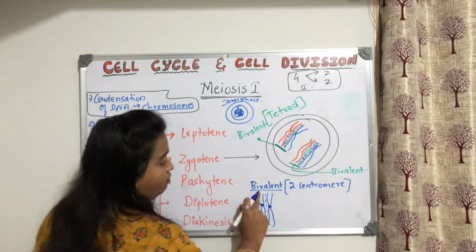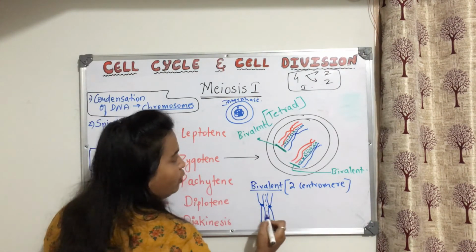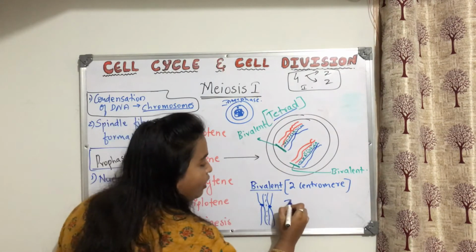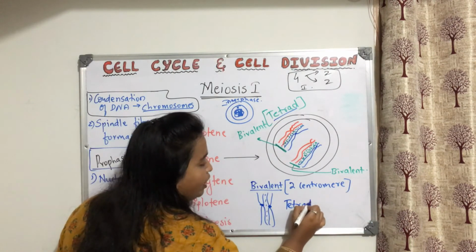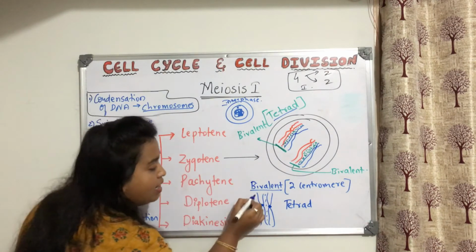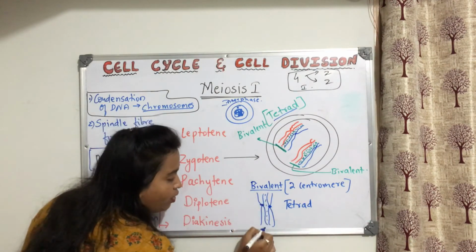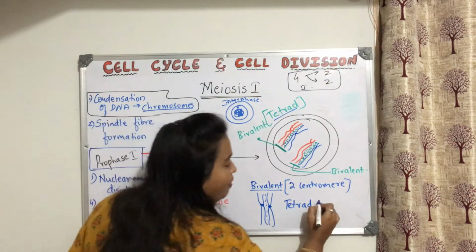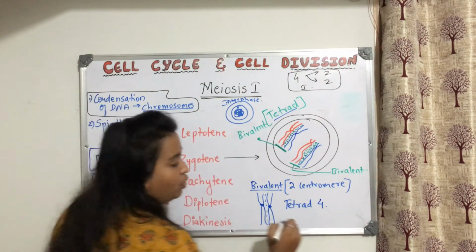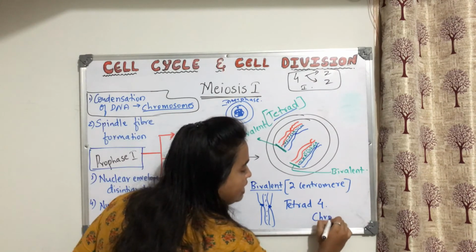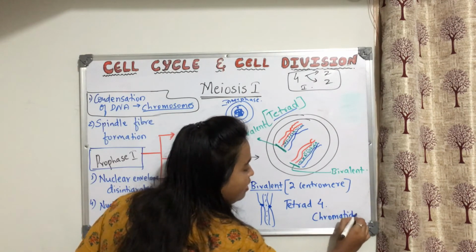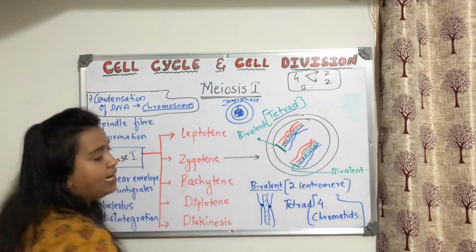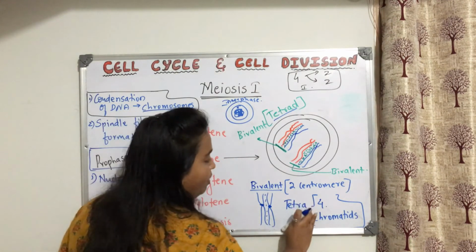And then we also call it a tetrad. I told you we also call it a tetrad. Why tetrad? Because how many chromatids are there? This is one chromatid, this is one, this is one, and this is one. How many chromatids? Four. Because four chromatids are there, we call it a tetrad. I hope it is clear.